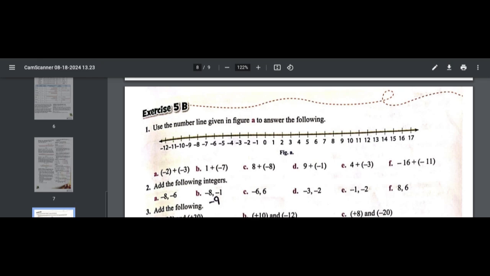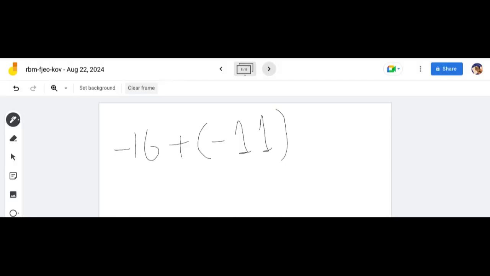Okay, so this is the F part. First I have to finish this bracket. Minus 16 plus minus 11. Plus minus is equal to minus.